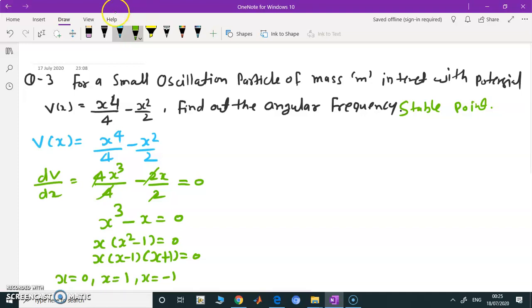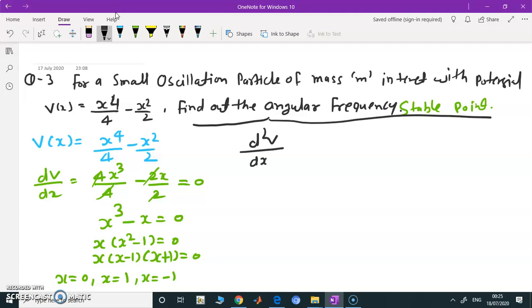Now again I have to calculate the angular frequency at the stable point. So I have to find out which point is the stable point. First I have to do the double derivative of the potential. If I take the derivative of this one, it will be 3x square minus 1, right?